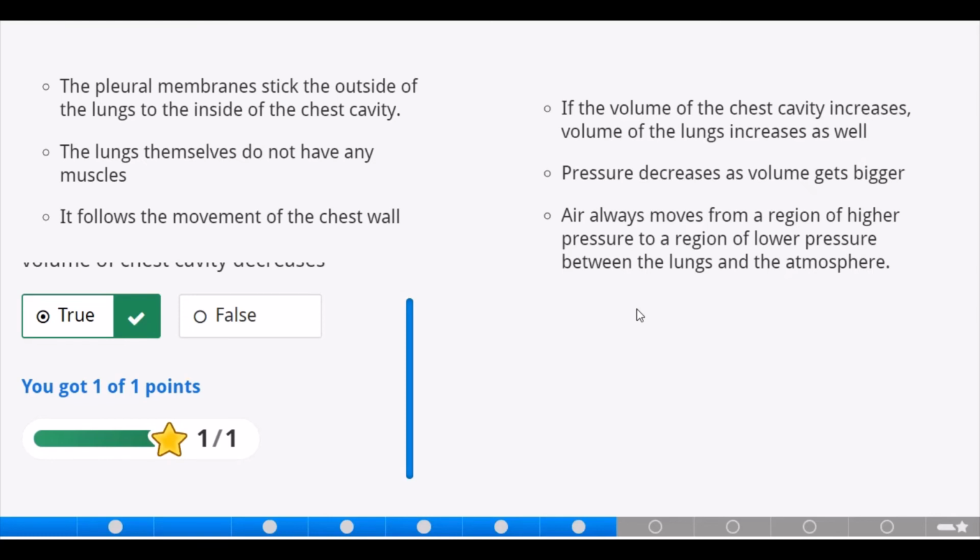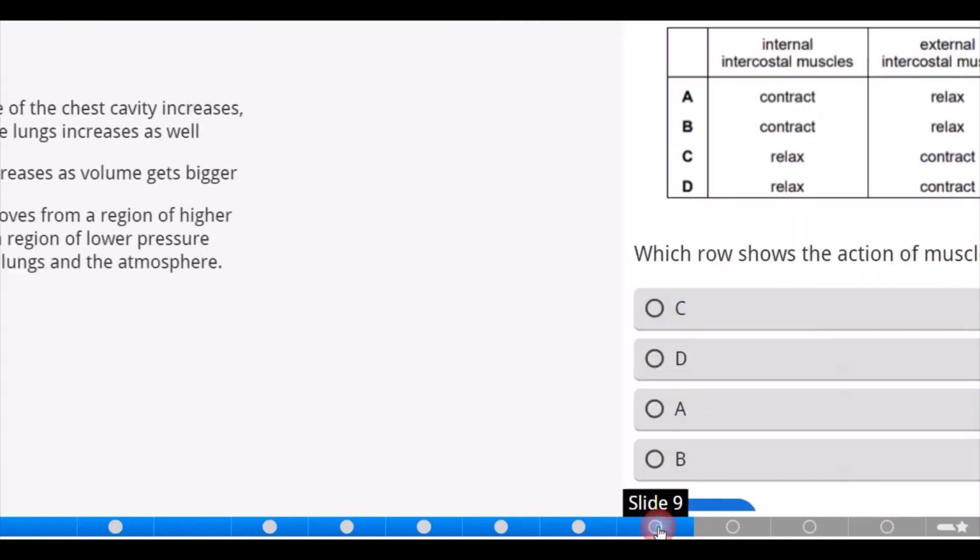But pressure decreases as volume gets bigger. I hope that explains the true or false question. That is, pressure will increase as volume reduces. Air always moves from a region of higher pressure to a region of lower pressure between the lungs and the atmosphere.